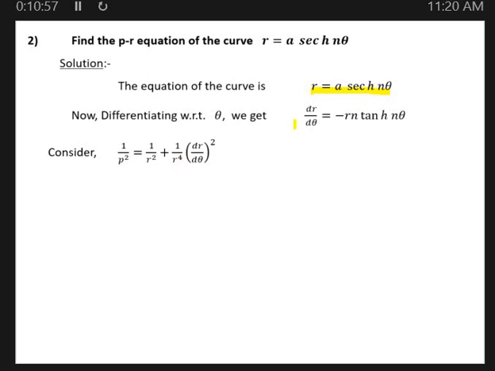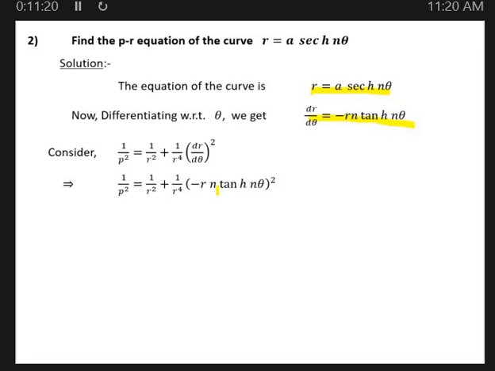Now substitute dr by d theta from the above result, that is minus rn tan hyperbolic n theta. So we get 1 by p square is equal to 1 by r square plus 1 by r to the power of 4 into minus rn tan hyperbolic n theta whole square.